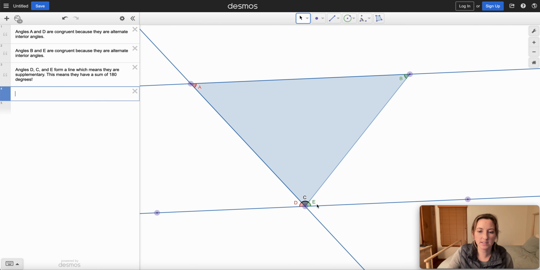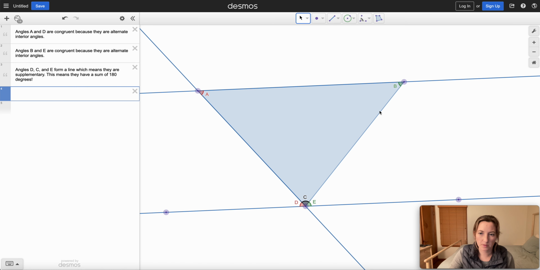So from there, since I know that D, C, and E add up to 180, and I know that A and D are the same, I could replace D with A, and I know that B and E are the same, so I could replace E with angle B. I then am showing that if D, C, and E are 180, then A, C, and B must also be 180.